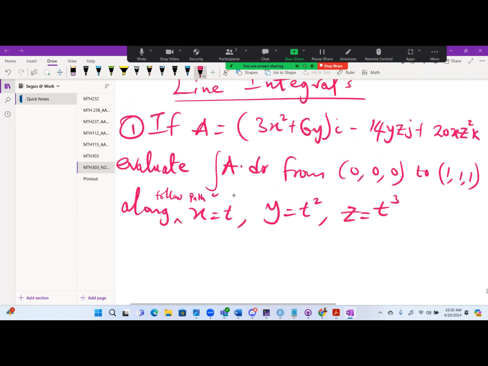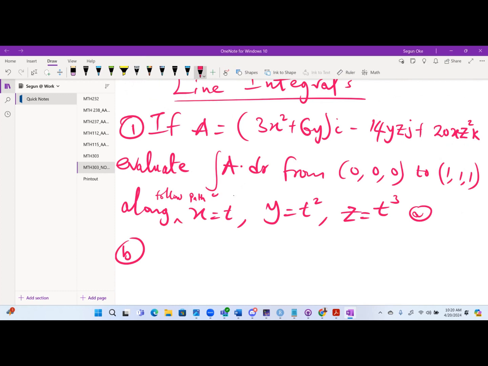Let's say this is A. Then for B, what's going to happen to our B?